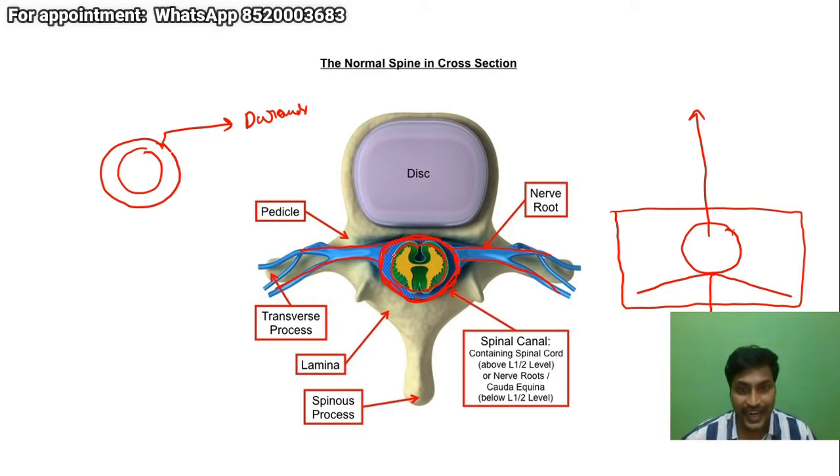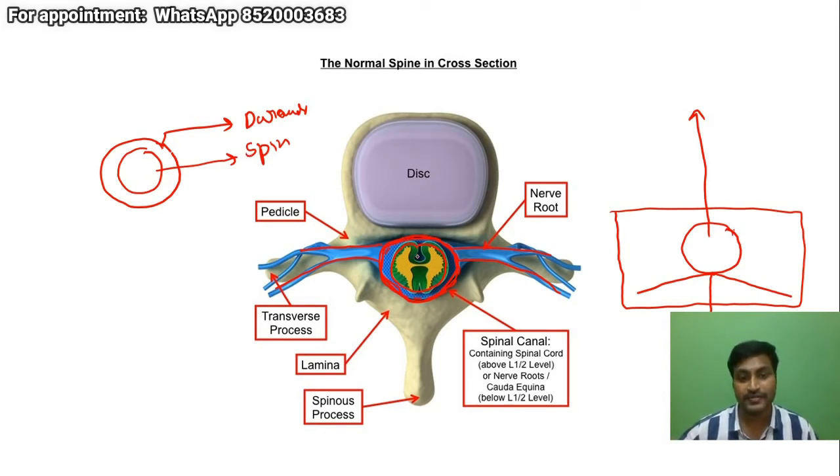So if this cut is above the level of L1, what you are seeing is the spinal cord. Not L2, L3. Yeah, either you can say lower border of L1 or superior border of L2, but not L3. Spinal cord ends at the lower border of L1 or the upper border of L2. It doesn't end at the level of L3.